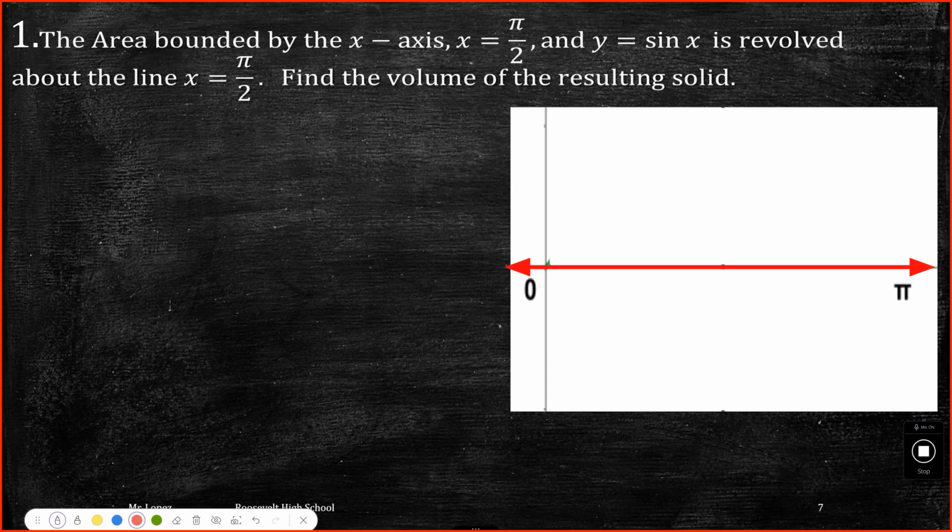The area bounded by the x-axis, x is equal to pi by 2, y equals cosine x. So it goes up and then down. It is revolved about the line x equals pi by 2. So it's revolved around this.